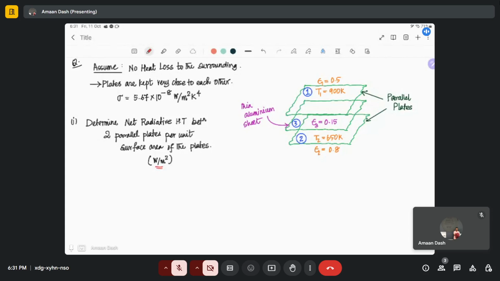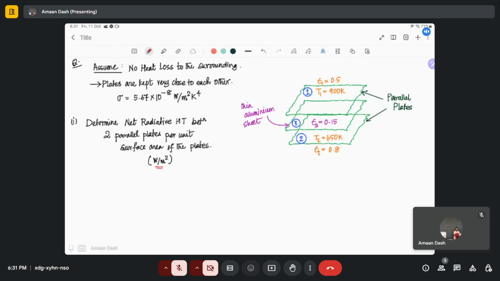So let me write, determine net radiative heat transfer between two parallel plates per unit surface area of the plates.